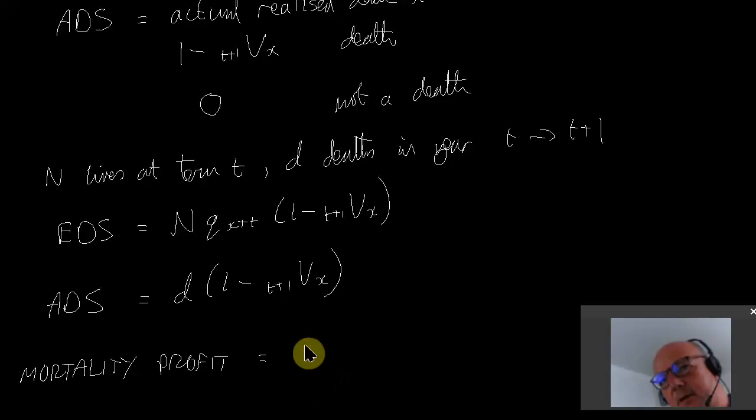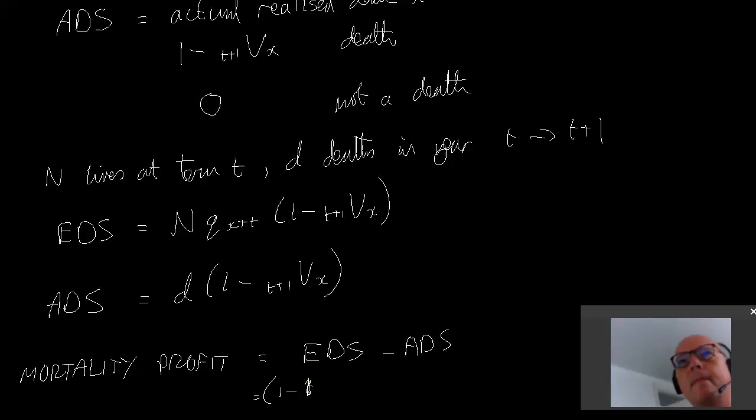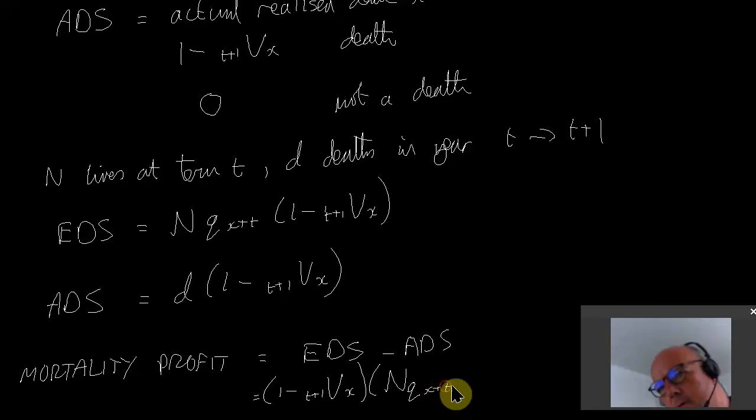So it's the expected death strain minus the actual death strain, which is 1 minus t plus 1 vx times n qx plus t minus d.